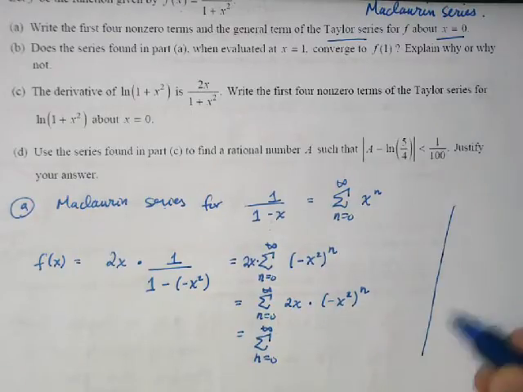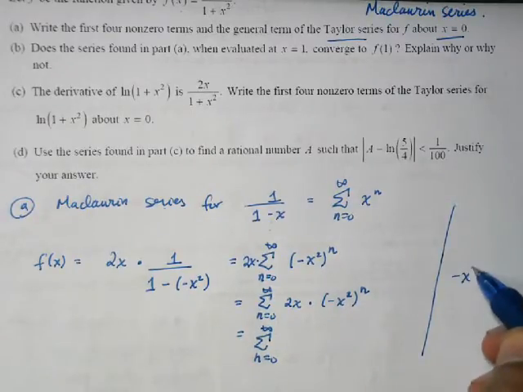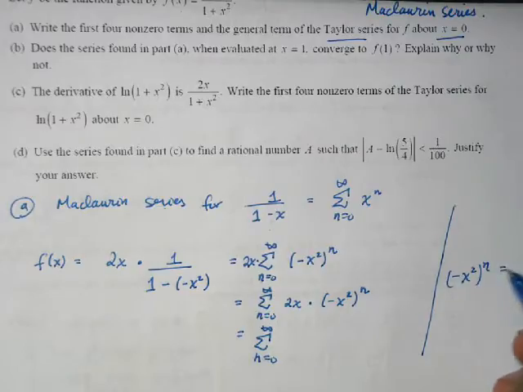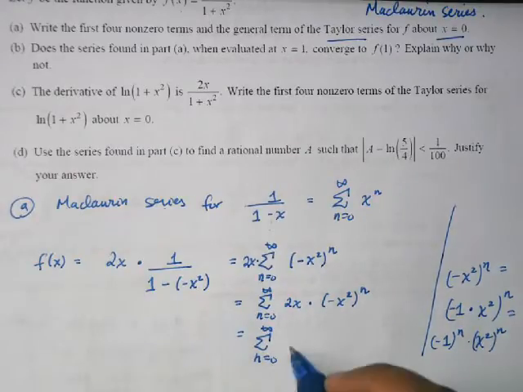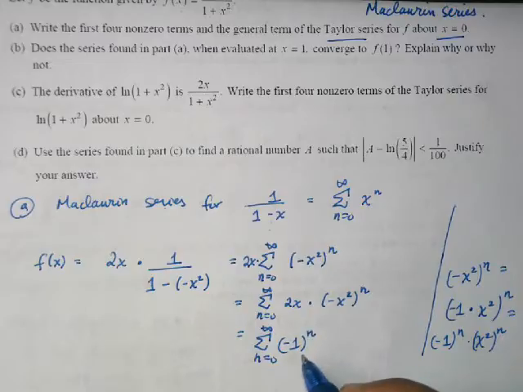So on a side note, negative x squared to the n is really negative 1 times positive x squared to the n, which then I can separate into negative 1 to the n and x squared to the n.